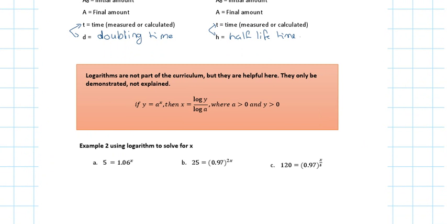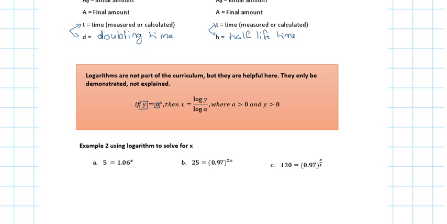Okay? So the formula says that if you have y equals a to the power of x and you want to solve for x, then you need to do the log of your answer divided by the log of your base.